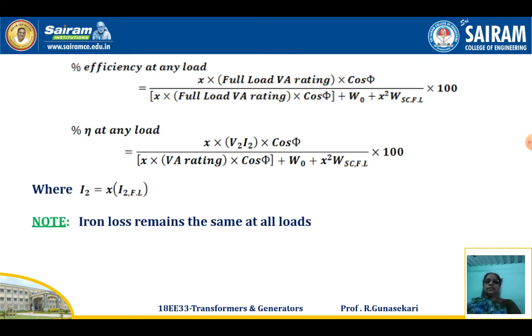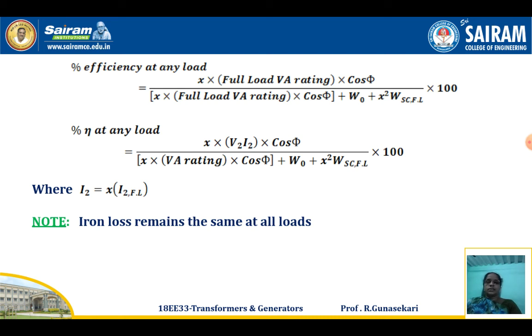That means the efficiency at any load is the fraction of load X times V2 I2 cos φ, divided by X times V2 I2 cos φ, where V2 I2 is the VA rating, plus W0 plus X squared into the full load copper loss.